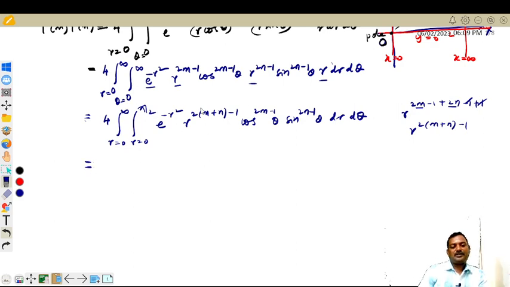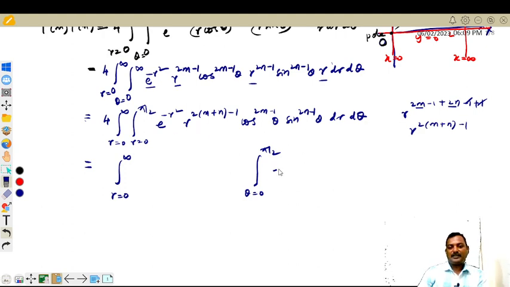Now students, here the integral is a product of both the variables r and theta. Now I am going to change the integrals here. First, r runs from 0 to infinity. Second integral I am going to take as 0 to pi by 2. Here theta values keep as they are, and the values with respect to r you can take outside.